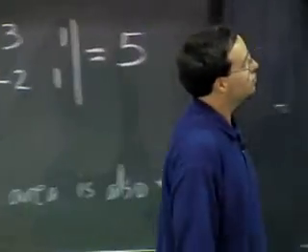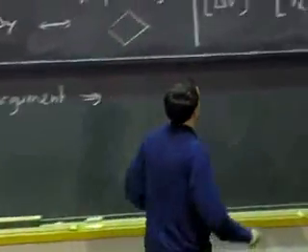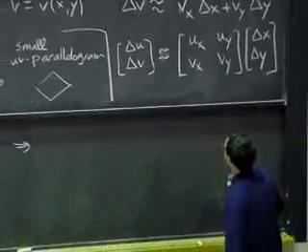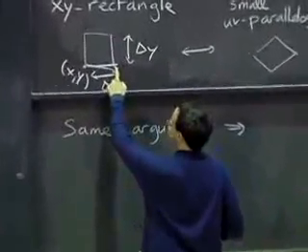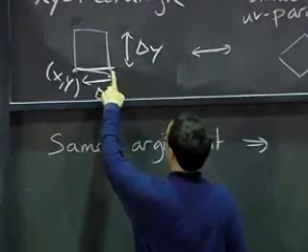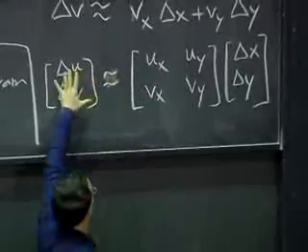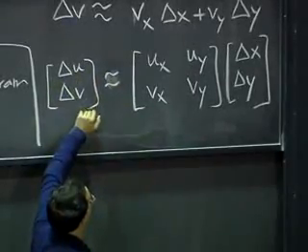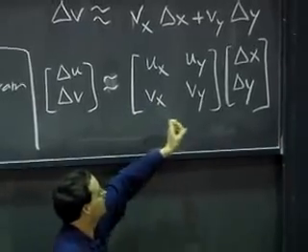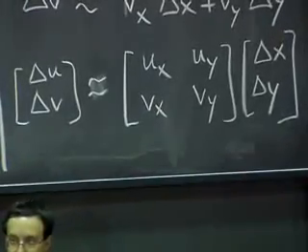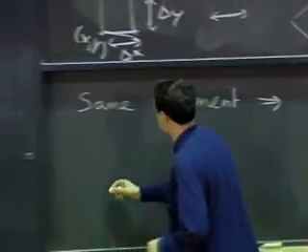Okay, so one way to think about it is just to try and see what happens. Take this side. This side in xy coordinates corresponds to delta x and 0. And now if you take the image of that, if you see what happens to delta u and delta v, that will be basically u sub x delta x and v sub x delta x. There's no delta y.